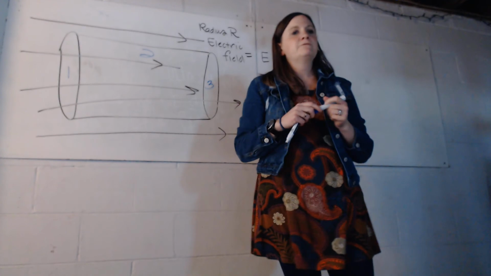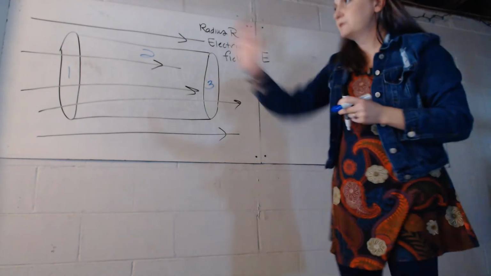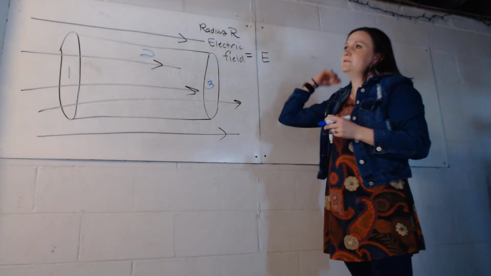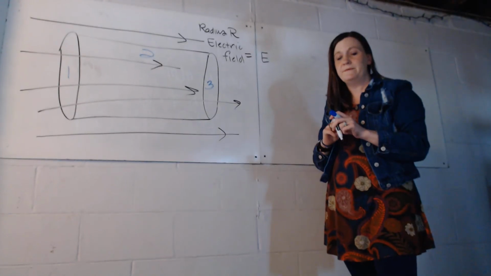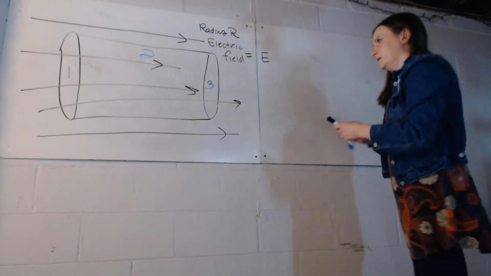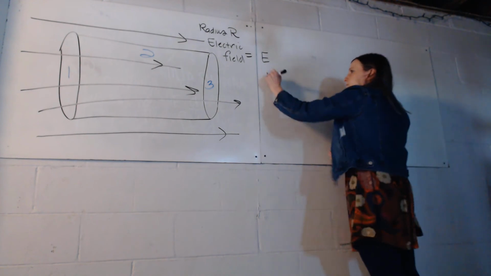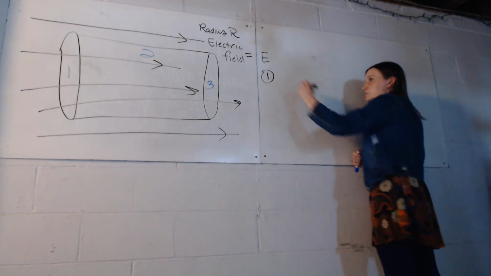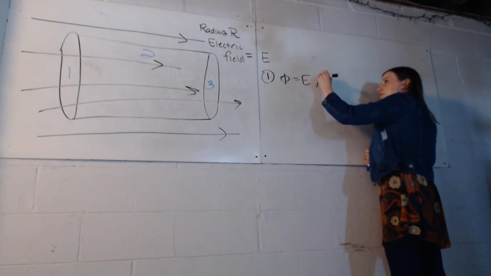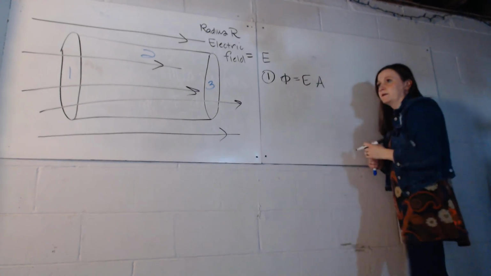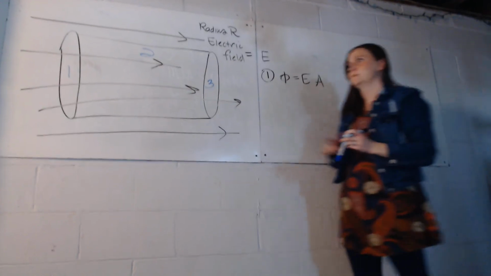So I am going to find the flux in all 3 of these surfaces, and then I am going to find the total flux by adding them, okay? So let's start with surface 1. The flux through surface 1 is equal to the electric field times whatever area that electric field is piercing.